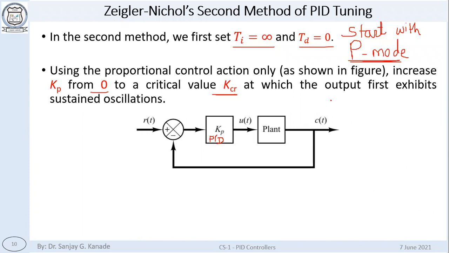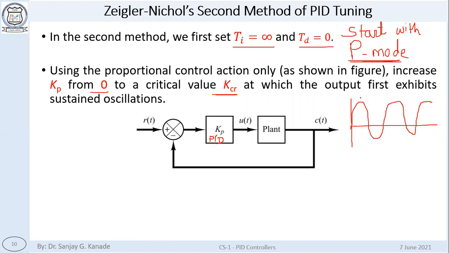What happens there? We found out the range of K for which the system is stable, and at a certain value of K, the system becomes marginally stable. What does marginally stable mean? When the system is marginally stable, the output is simply sinusoidal for a step input, right?